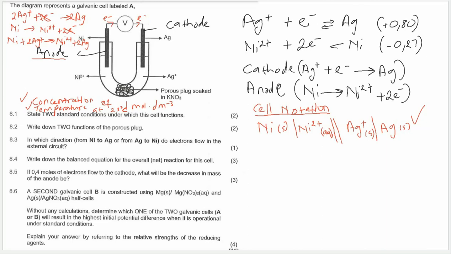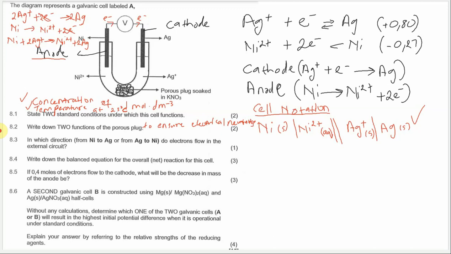So we can simply say the first function of the salt bridge is to ensure electrical neutrality. Some of the stuff I'm writing here won't really be that visible, but because you are listening, you will see that this is the word I'm trying to write.